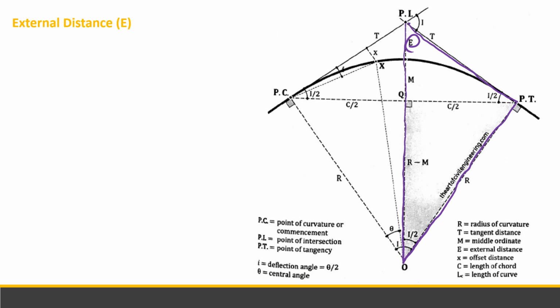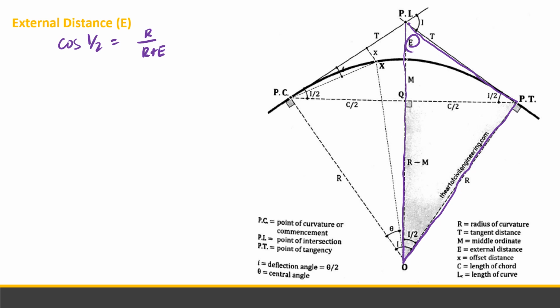So this distance is R plus E. So radius hanggang dito, then plus E. So cosine I/2 is equal to R over R plus E.